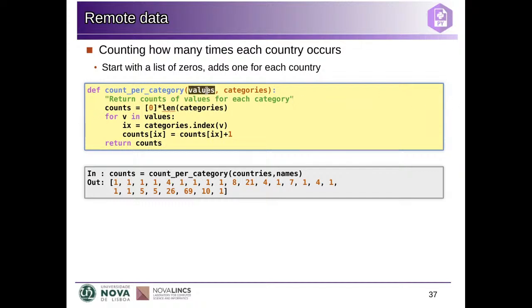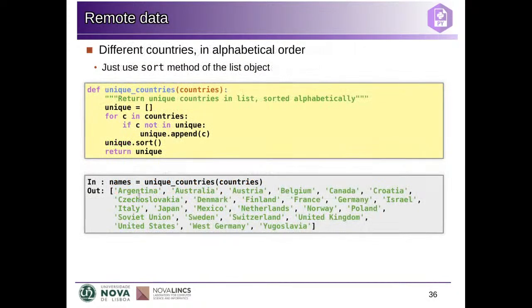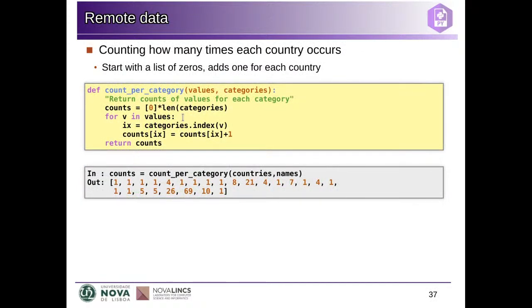And now for each value, so for each country in the full list that has all the repetitions, we're going to find which category it belongs to. So we're going to ask in the categories list, what is the index of that country? What is the position of that country in the list? And then we're going to increase the counter corresponding to that position. So if we find Argentina, for example, Argentina is the first country here, and so the index will return a 0, and we're going to increase the counter at position 0.